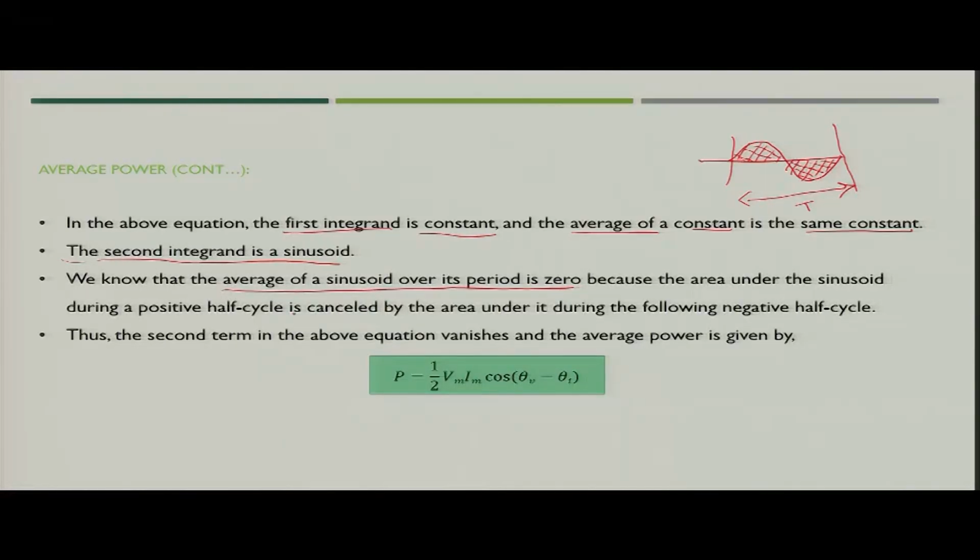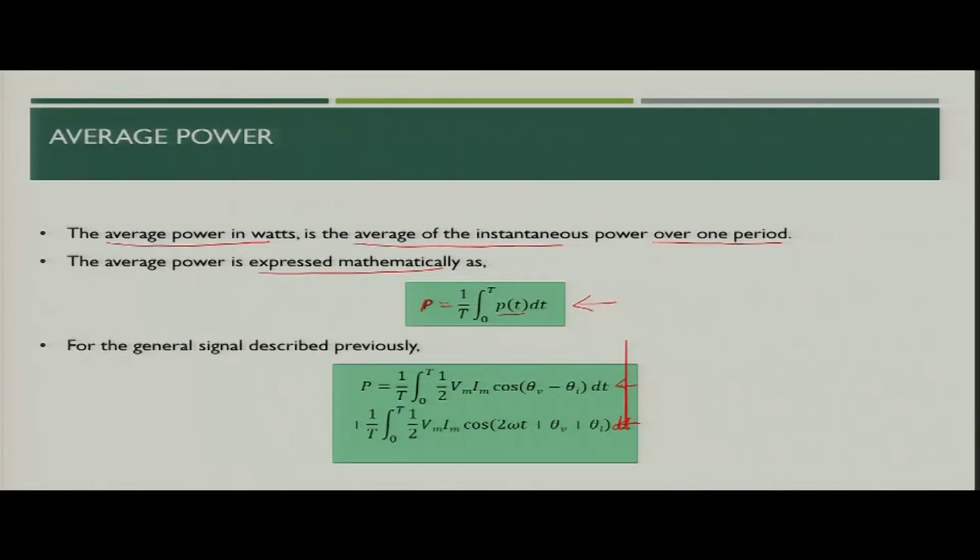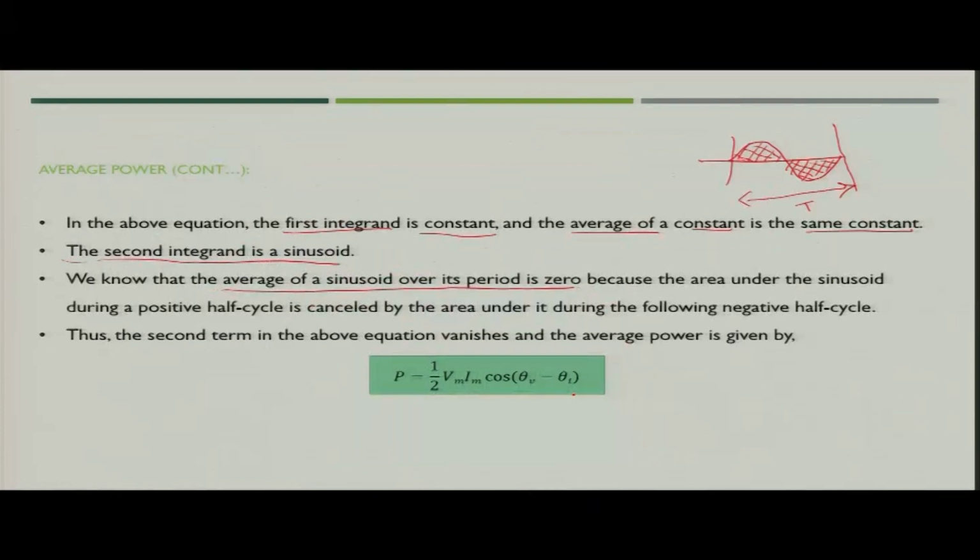So, the second term from the integration which we saw previously will become 0, and finally what we are left with is this term, and we can say that average power is nothing but 1 by 2 Vm Im cos(theta v minus theta I).